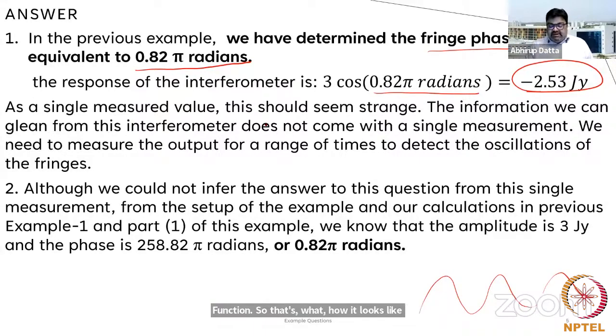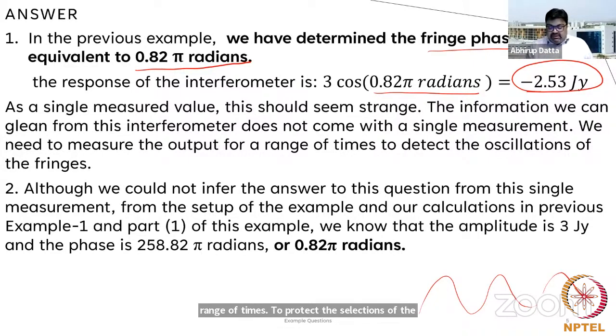As a single measured value, this should seem strange. The information we can get from this interferometer does not come with a single measurement. We need to measure the output for a range of times to detect the oscillations of the fringes.